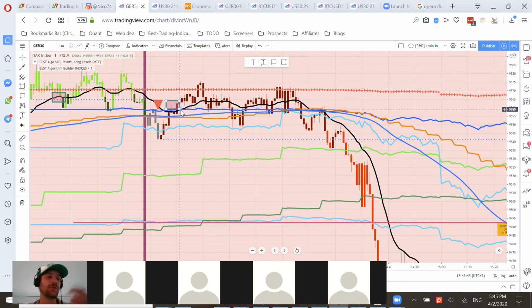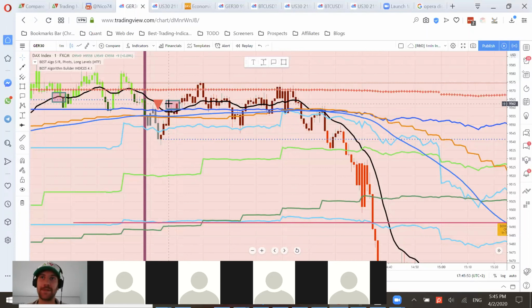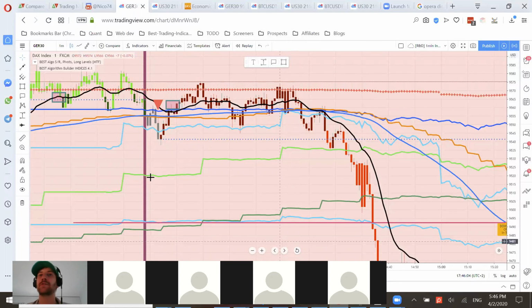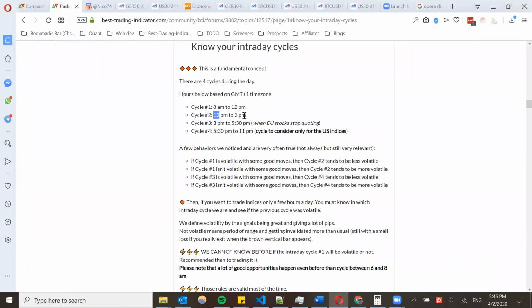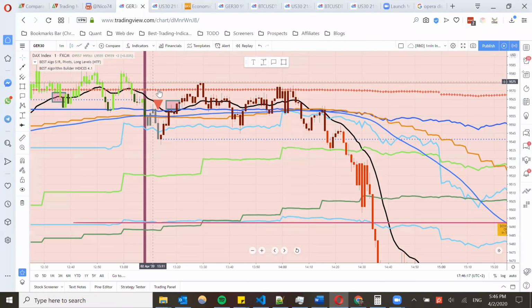And if you don't use the expert mode, you should also wait for a pullback past the EMA 20, because during the first cycle we had moves of 50 pips plus, as the first cycle was volatile. Right now we are in the second cycle, it's 1 p.m. ish, and it's likely to not be volatile. So you must wait for a pullback past the limit. Yeah, so in both cases.